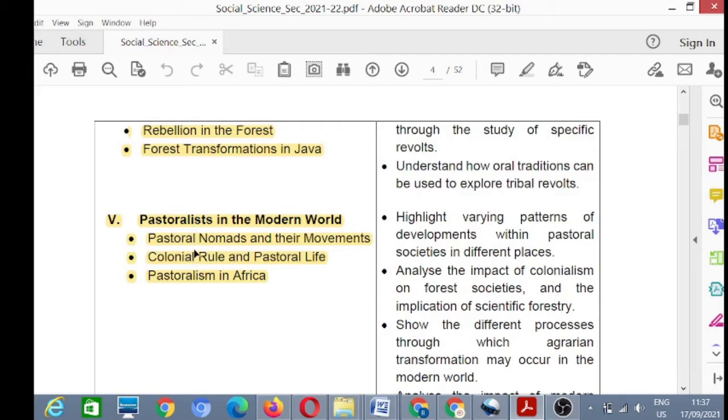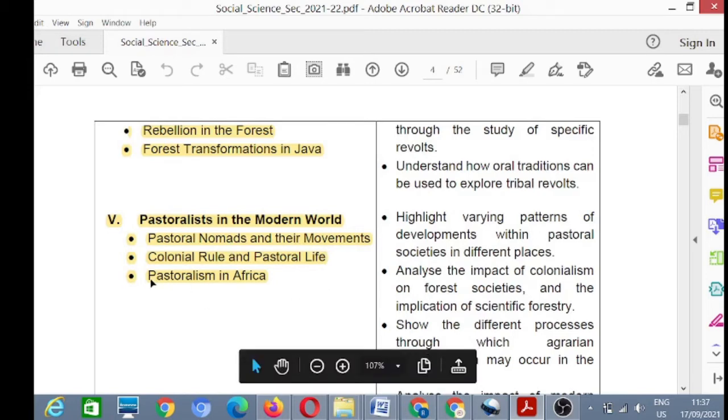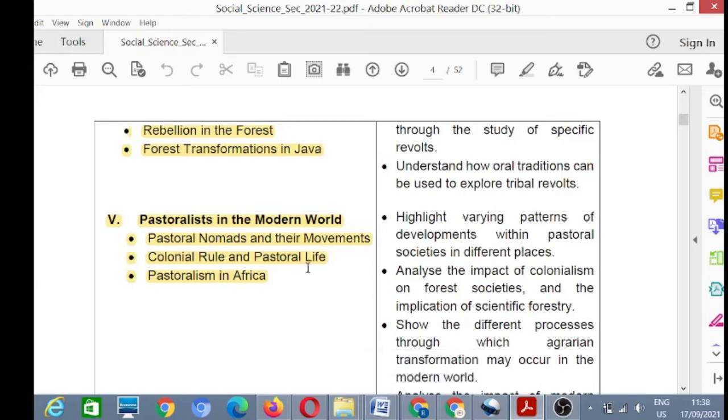Now pastoral nomads and their movements. Then second is colonial rule and pastoral life. Then pastoralism in Africa.